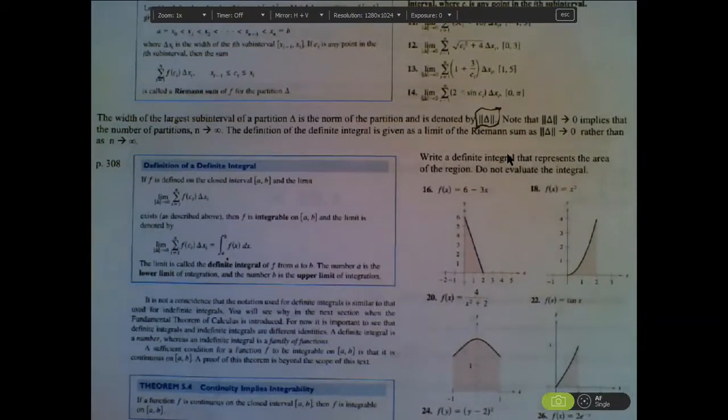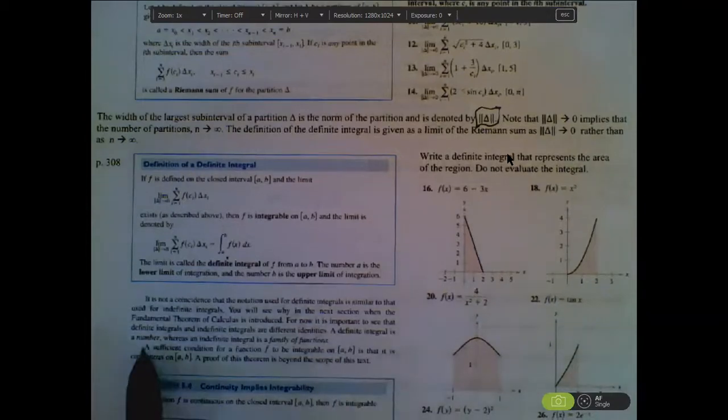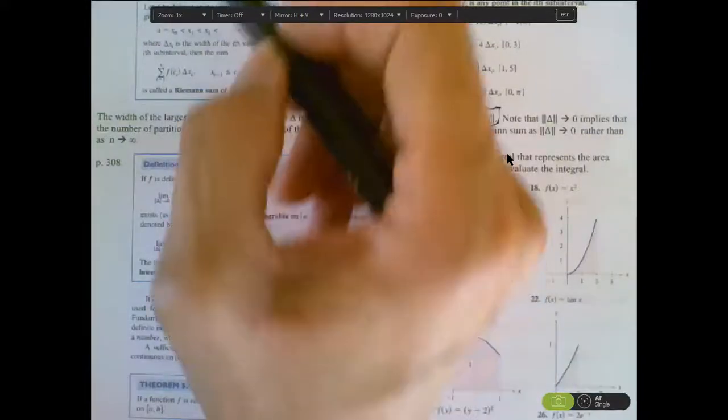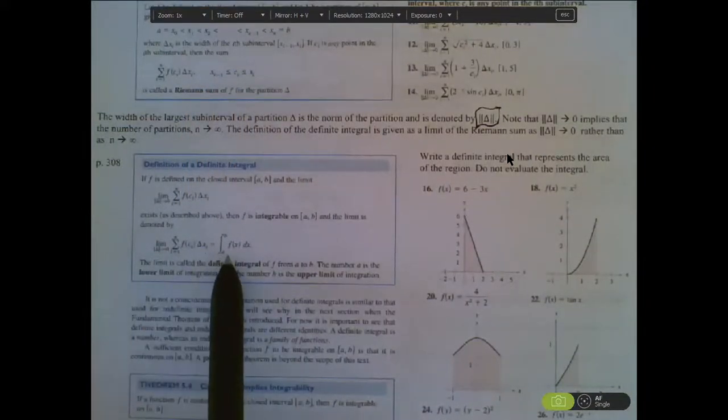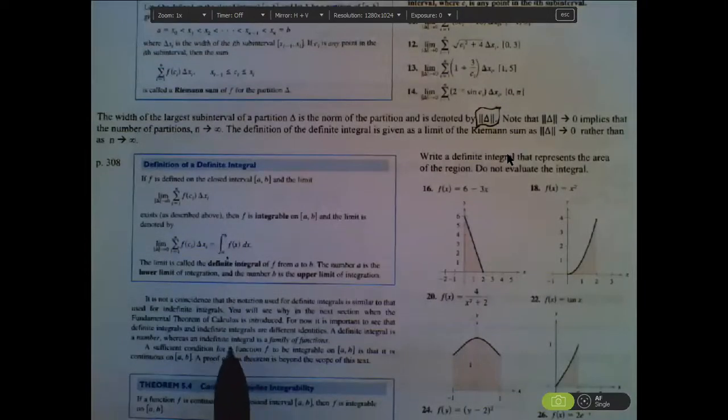But if I ask you to evaluate the derivative at a given point, then that would give you a number. Similarly, a definite integral is a number. It's the area. If you have a non-negative function, then the definite integral is the area bounded by the vertical lines a and b, whereas an indefinite integral or an antiderivative is a whole family of functions. And that's why on every antiderivative we had the plus a constant, because that constant didn't change the derivative of the function.